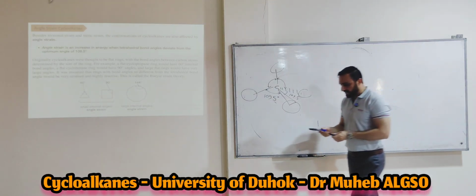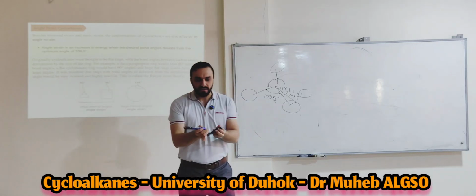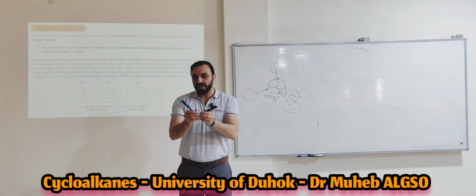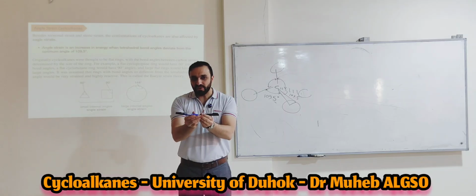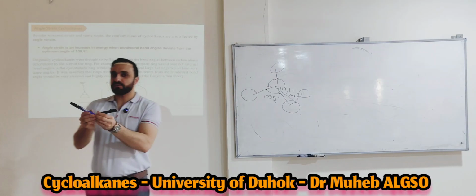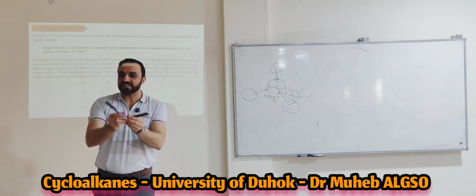If I open this from here, like that, it will also decrease the stability of the compound. This is the normal angle. If I decrease it, it will affect the stability of the compound. If I increase the angle, it will also affect the stability. Okay, this is called the angle strain.